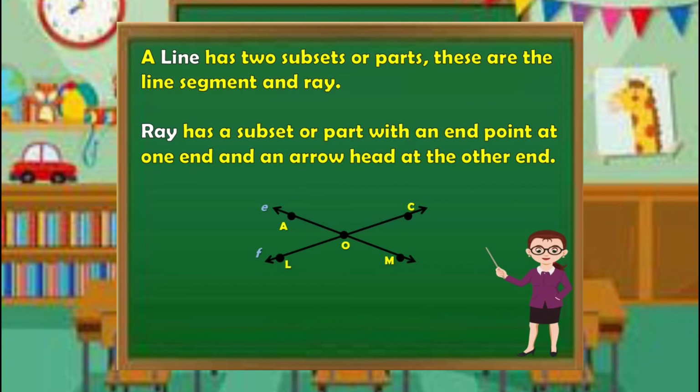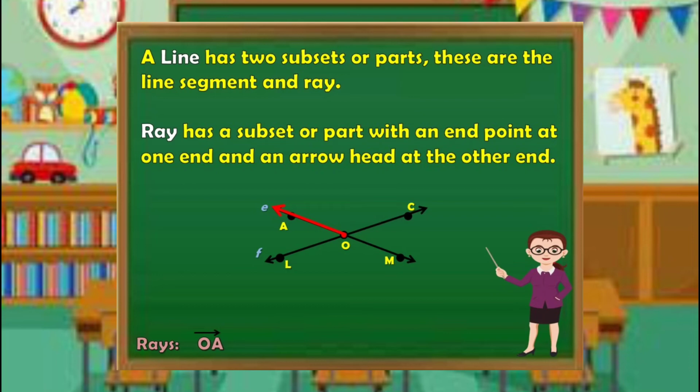A ray is a subset or part of a line with an endpoint at one end and an arrowhead at the other end. Using line E and line F, let us define the rays in our illustration. Using point O, which will be the endpoint, and point A on the arrowhead, we form ray OA.